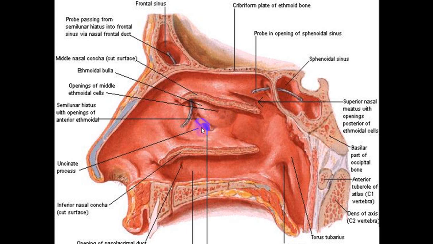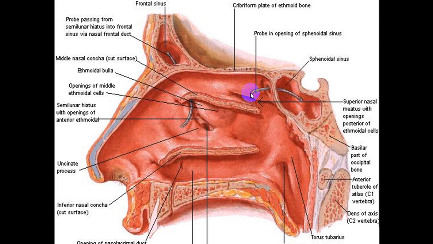It consists of the uncinate process, the hiatus semilunaris, and the bulla ethmoidalis, and this is the opening of the maxillary sinus, the ostium of the maxillary sinus. And here we see a probe passing from the hiatus semilunaris through the frontonasal duct into the frontal sinus.